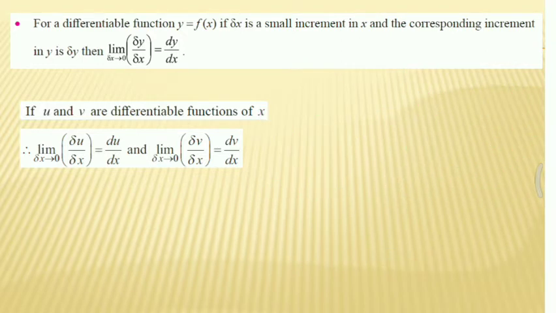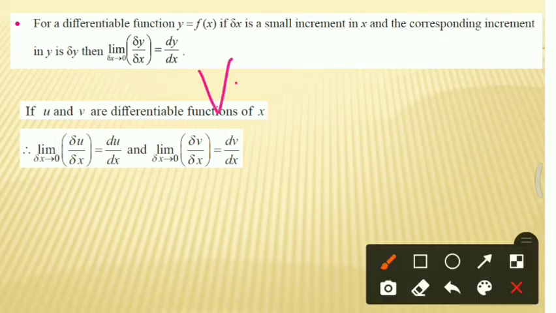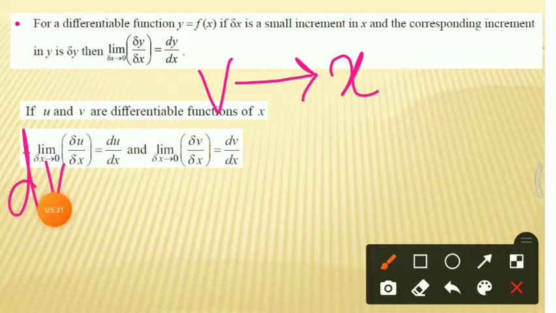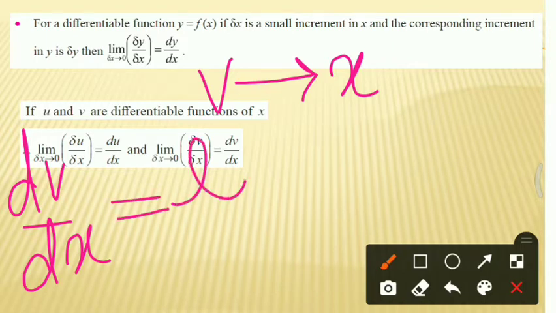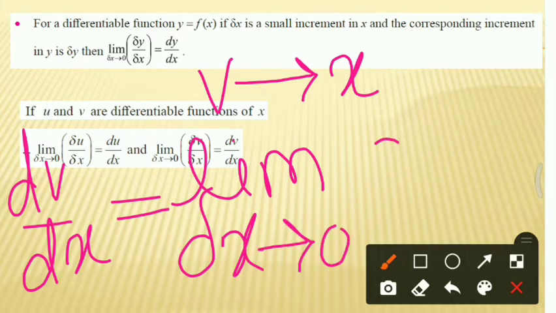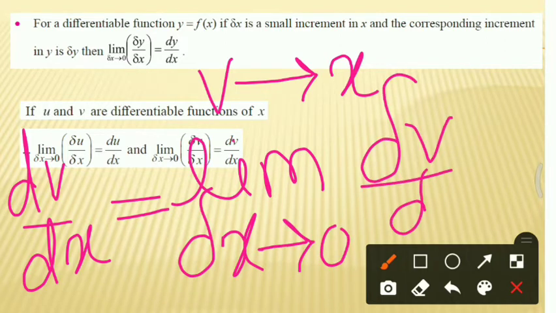Similarly, suppose v is a differentiable function of x, means derivative of v exists, that is dv by dx, and by using Leibniz notation we can write this as limit delta x tends to 0 delta v divided by delta x. This is a very important remark for the basics of differentiation.